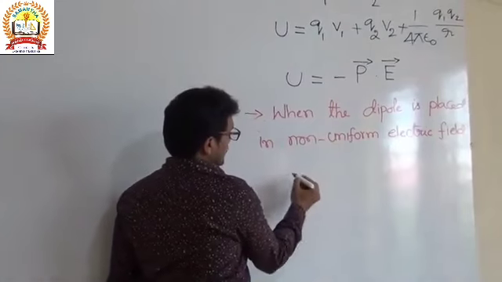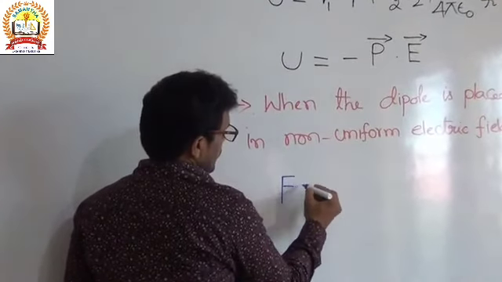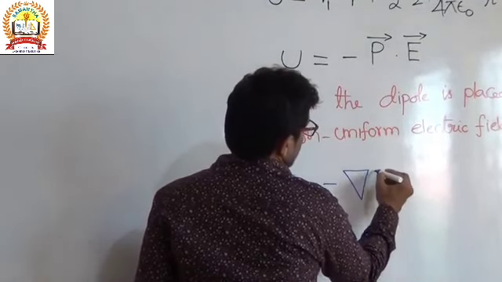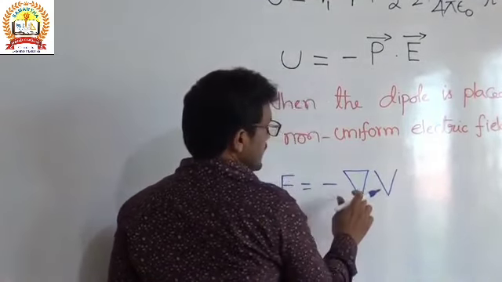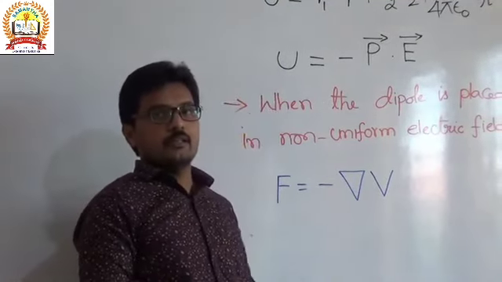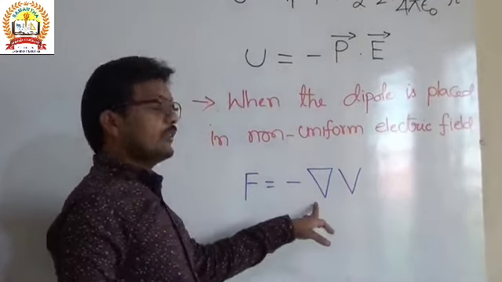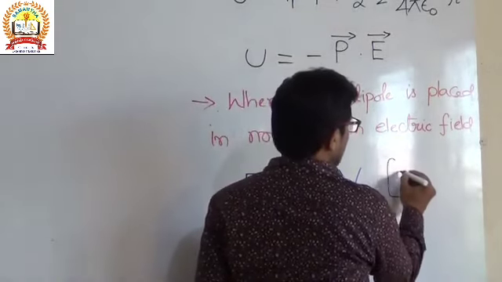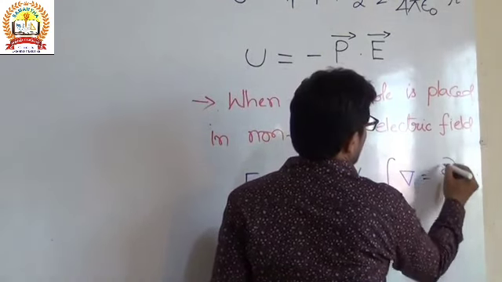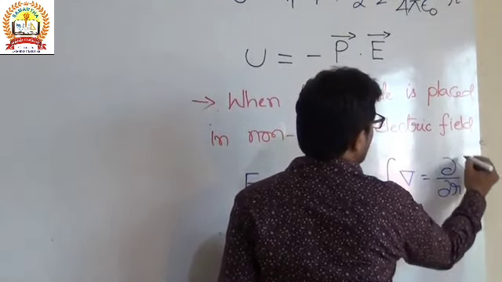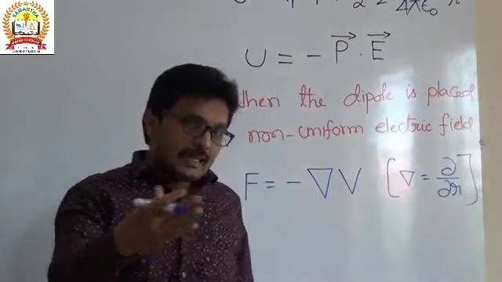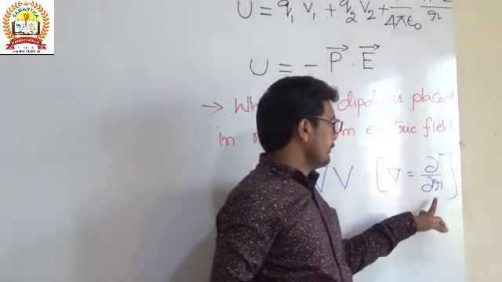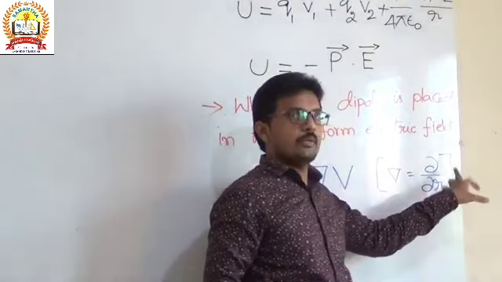And what will be the force? The force F is equal to minus del V, and here del represents the partial derivative operator. Del is equal to dou by dou r, or if you use the x-axis, y-axis and z-axis, then it will be dou by dou x plus dou by dou y plus dou by dou z.